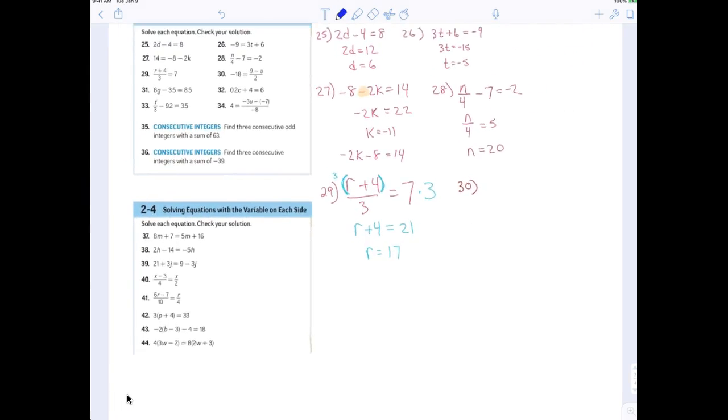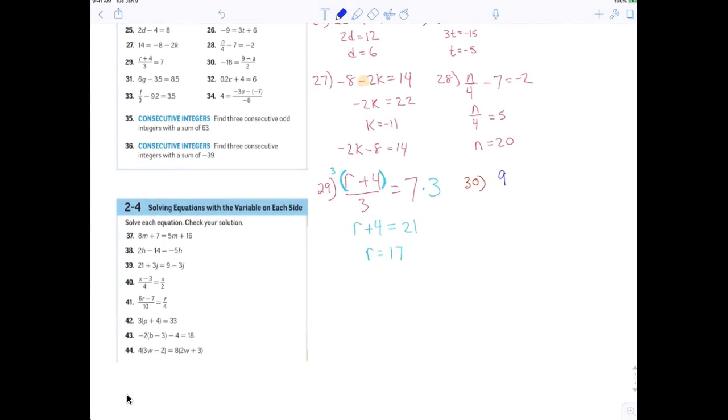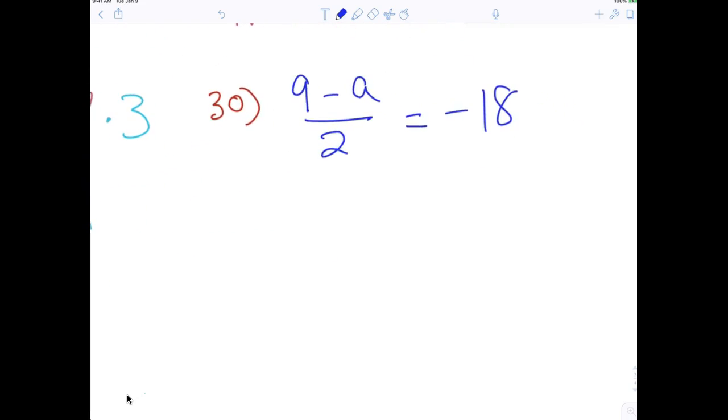All right, 30. 9 minus a over 2 equals negative 18. All right, Thomas, tell me what to do on this one.